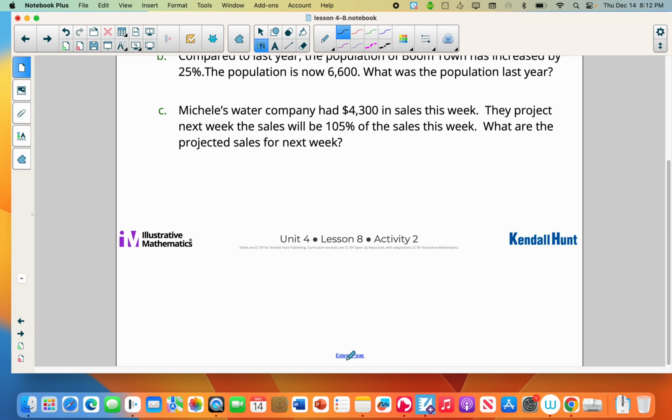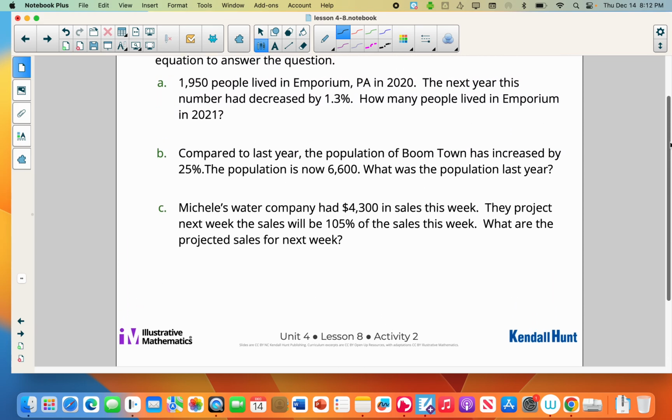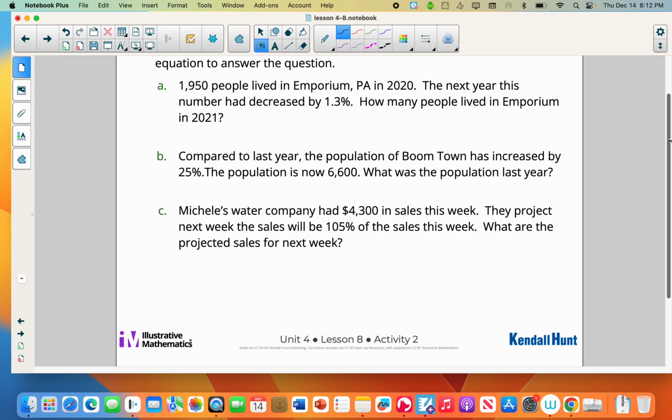So I'm actually going to make a table. And so for letter A, we have our 2020 population, and we have our 2021 population. 1,950 is our 2020 population, which would be our 100%, decreased by 1.3.